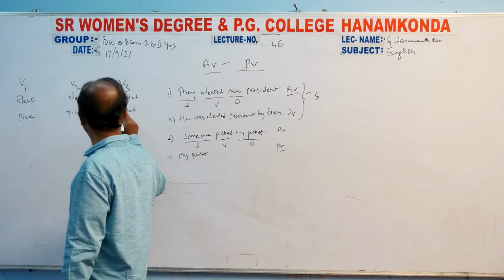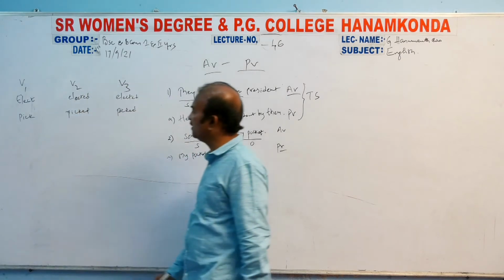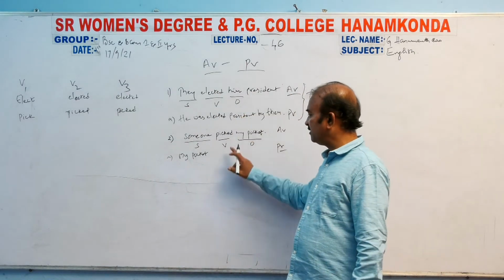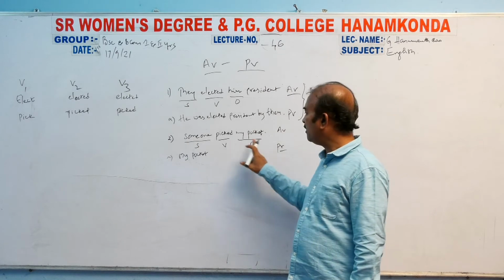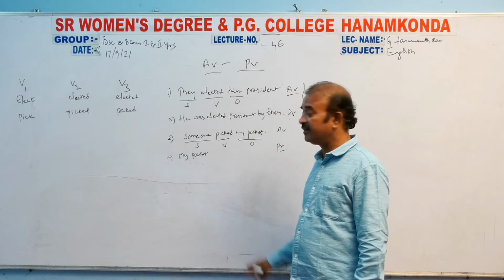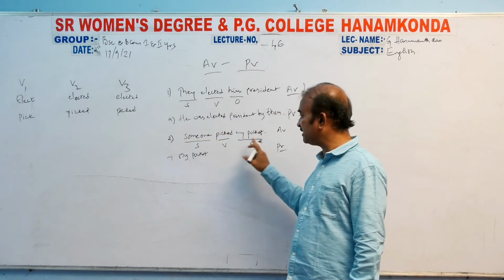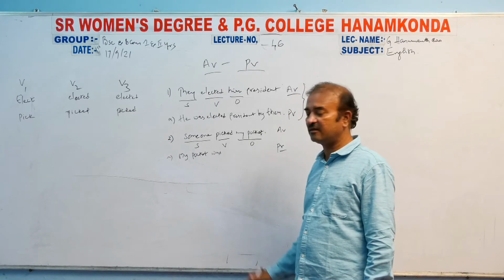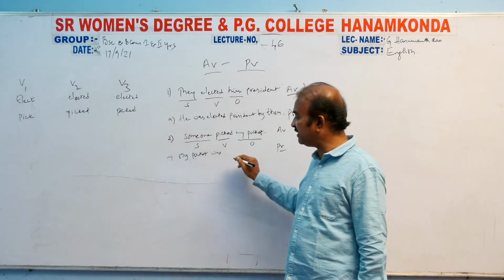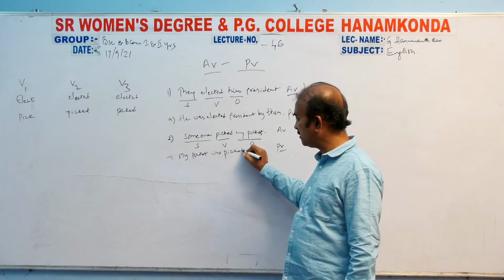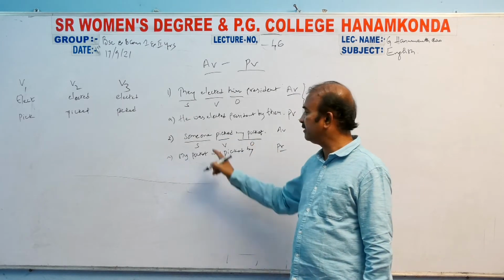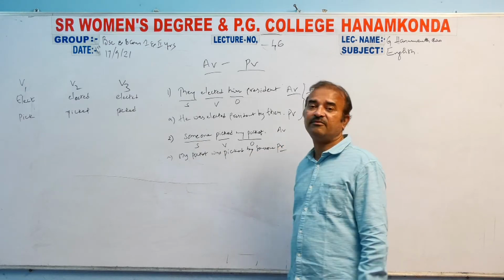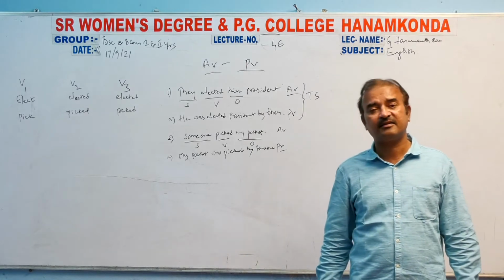Picked. Verb in the past tense, object singular. So what do you get? My pocket was picked. What's the V3 form? By someone. My pocket was picked by someone.